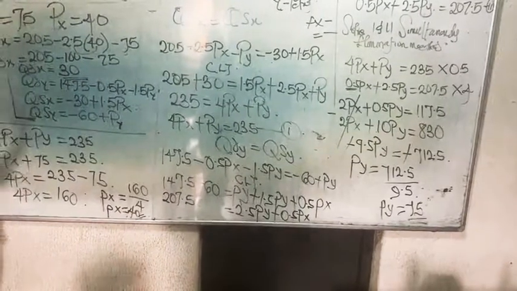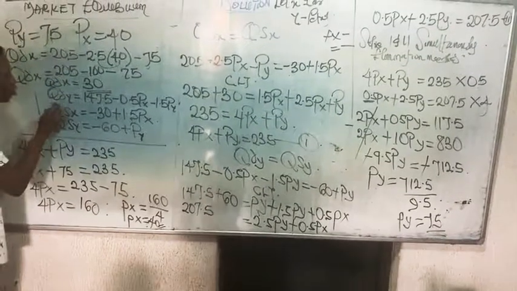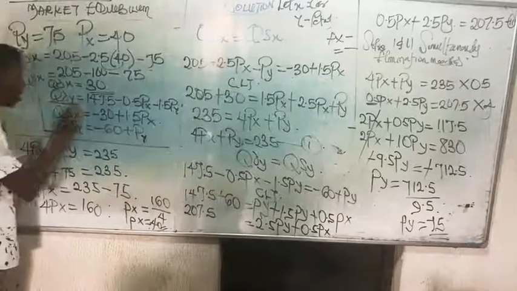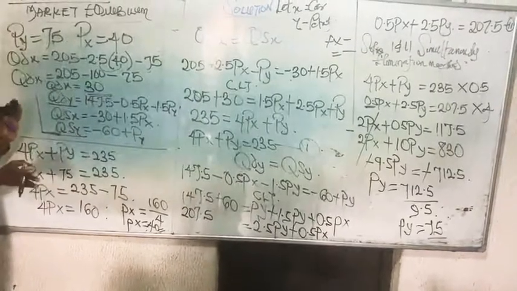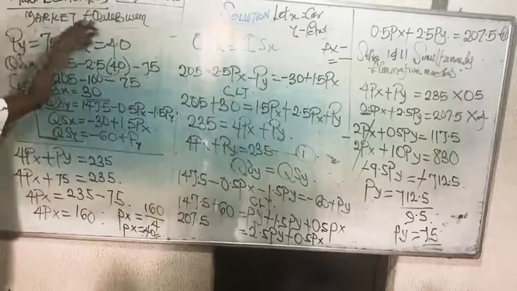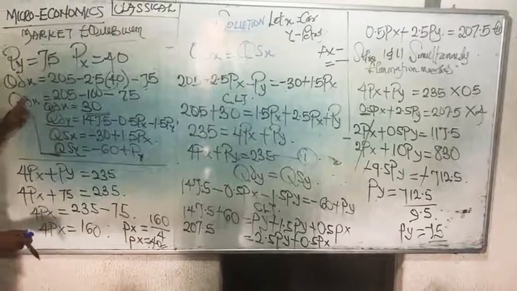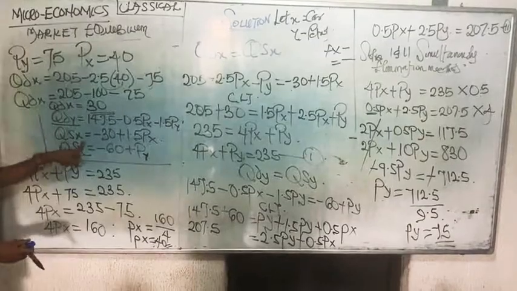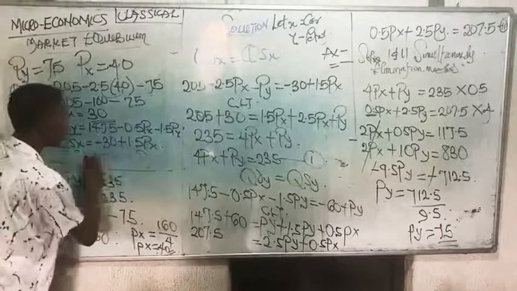Now, let me solve the last one, and I'll leave you to solve for QDY and QXY. We are just trying to check whether, at this price, QDX will be equivalent to QXX. So this is the next equation I'll be dealing with.